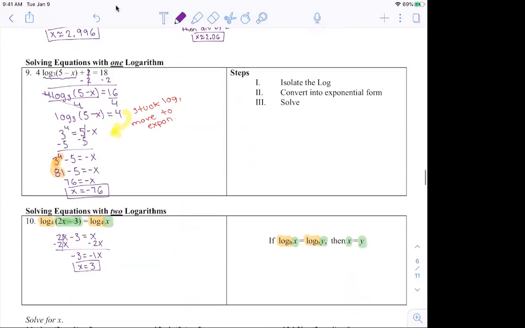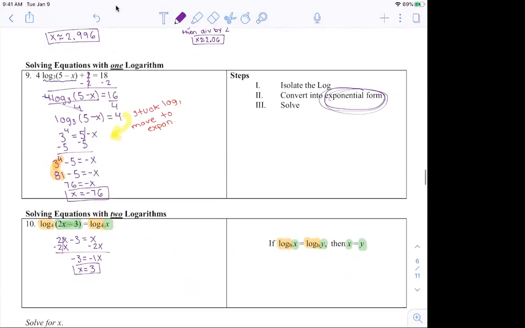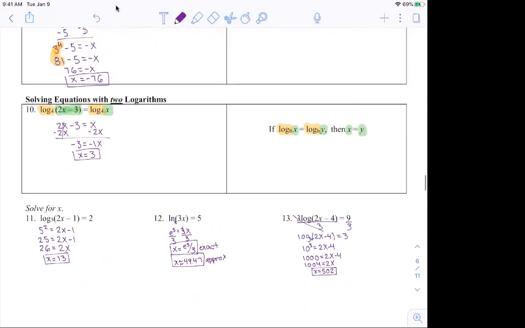The other one is if you see logs and you can't solve the log, you're going to convert into exponential form at some point once you isolate it. And then finally, the last type of problem is if the logs have the same bases and there's 2 of them, notice 2 of them, then you can set the inside part, the x, equal to the y.